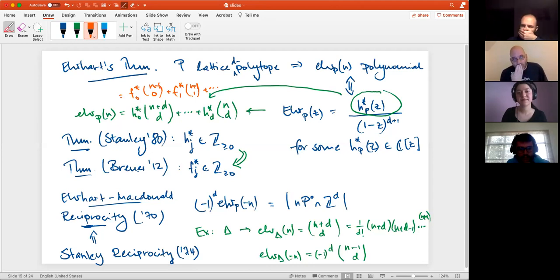Okay. Another reason why I wanted to show you the reciprocity theorems here is they help with our general question, right? Our general question is, which polynomials are Arrowhead polynomials, for example? And what this suggests now is you have another criterion. Take your polynomial and plug in negative n, and up to a sign, you should get positive evaluations, right?